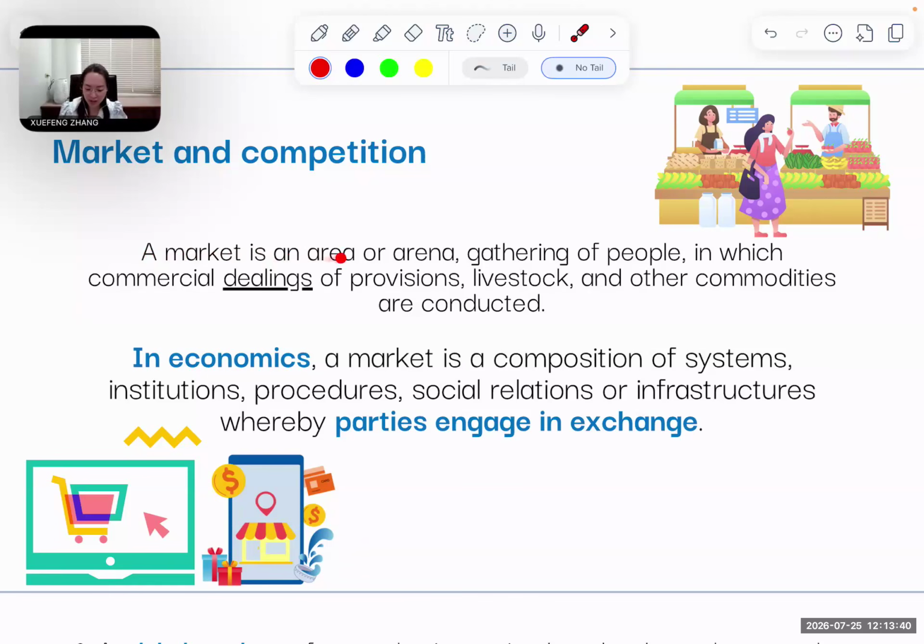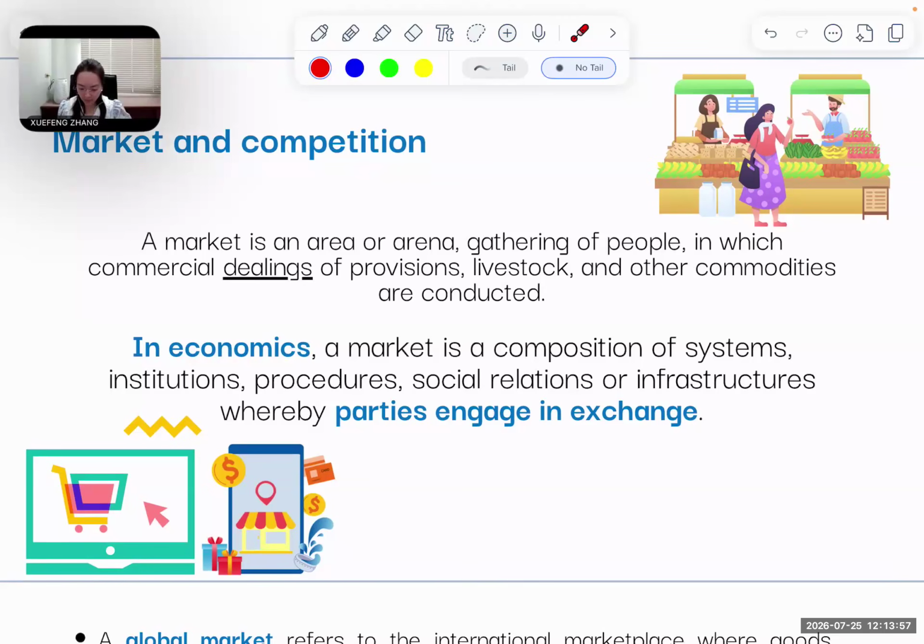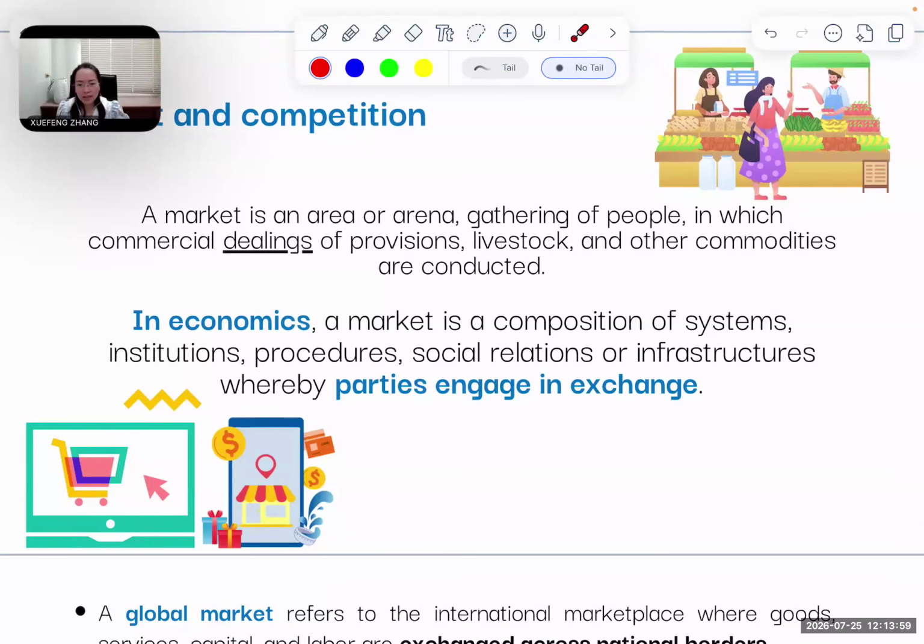So a market is an area or gathering of people in which commercial dealings of provisions, livestock, and other commodities are conducted, as long as an exchange happens. Why does this matter today? Because not all markets work the same way.